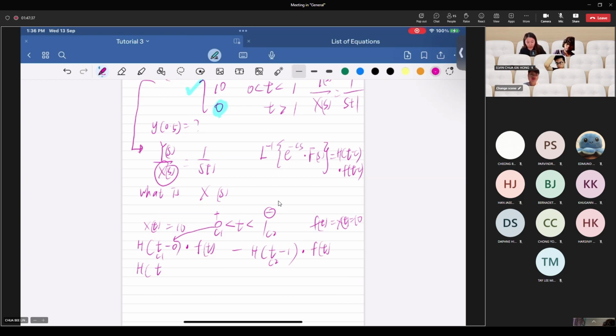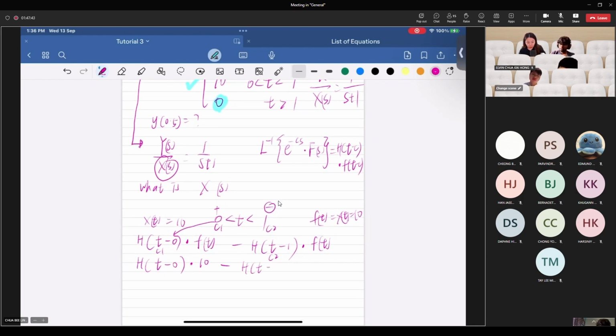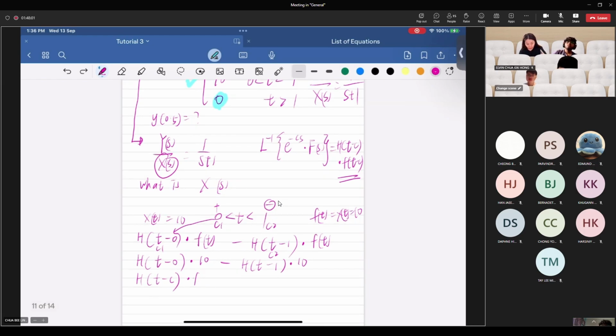So from here it is h(t minus 0) times 10 minus h(t minus 1) times 10. You have to compare with its original equation, h(t minus c) times f(t minus c). Okay, so we solve the first one first.